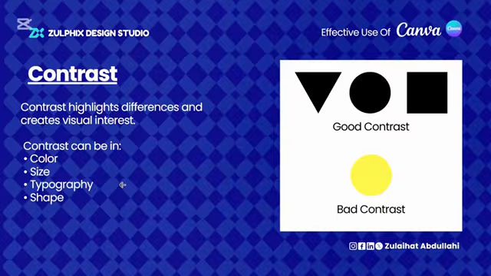Those with lesser sizes would be more explanation about the main topic. That's why we have title, subtitle, heading, and body of text. That is for contrast in typography. While for shape, just like you have seen here. These are just examples. So contrast highlights differences and creates visual interest.